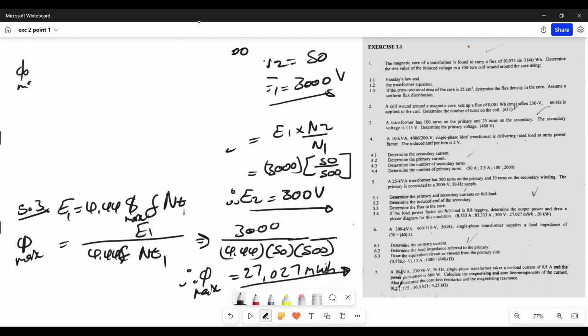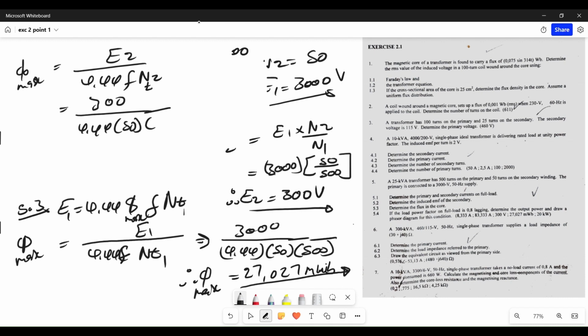Flux max, if you chose E2, is E2 divided by 4.44 times frequency times N2, which is 300 divided by 4.44 times 50 times 50.